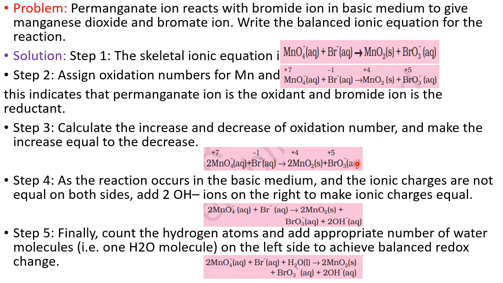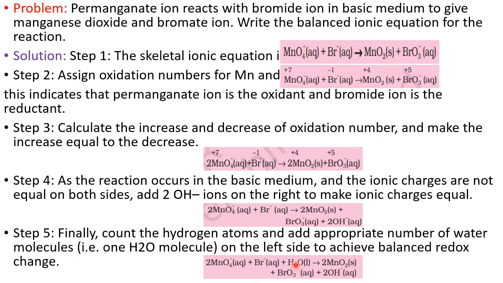Now H is not balanced. So to balance H, what should I do? The rule says balance H by adding one H2O for each H atom needed on the side deficient in H atoms. H atom is deficient on the LHS. So for every one H atom, I have to add one H2O. So I have added one H2O. Please see here, one H2O is added.